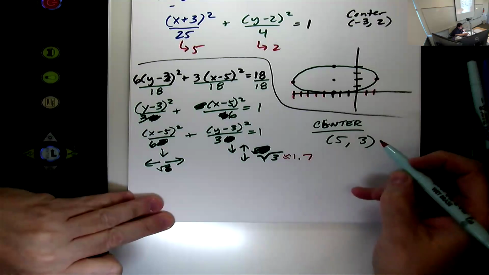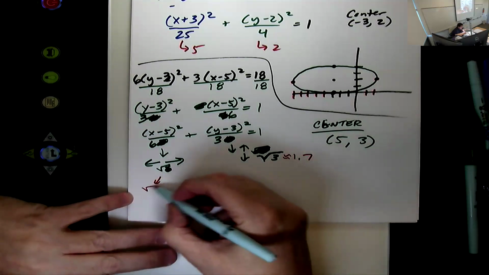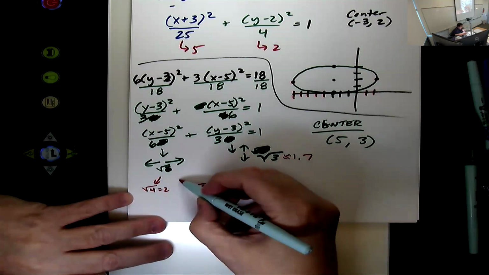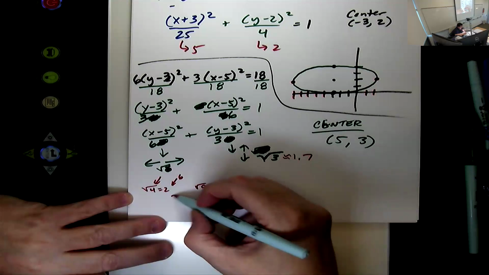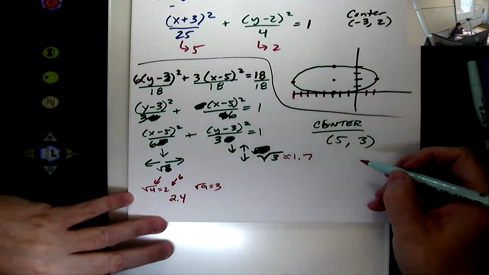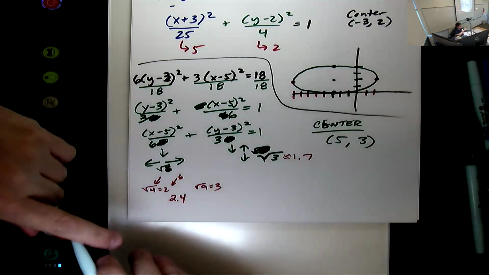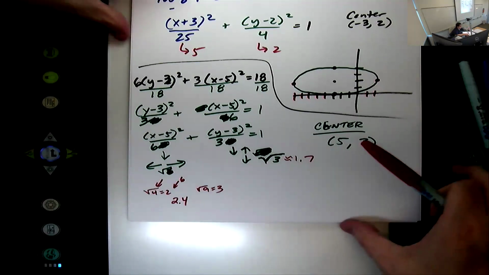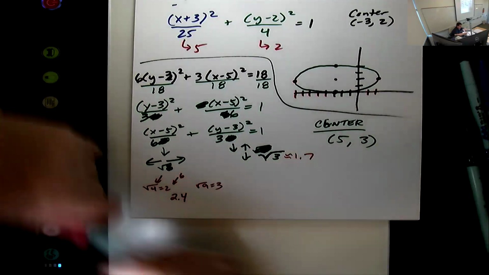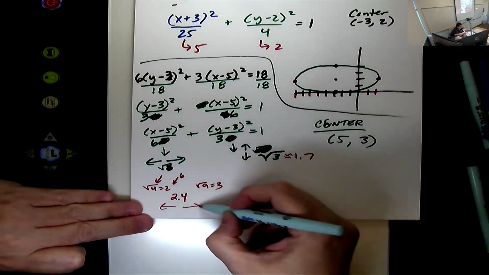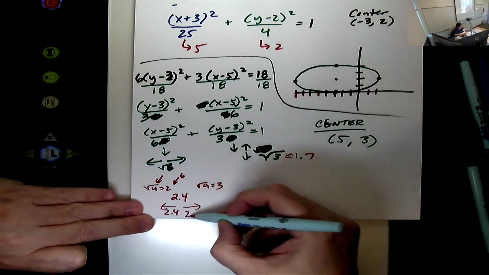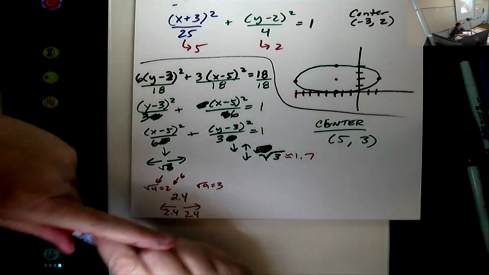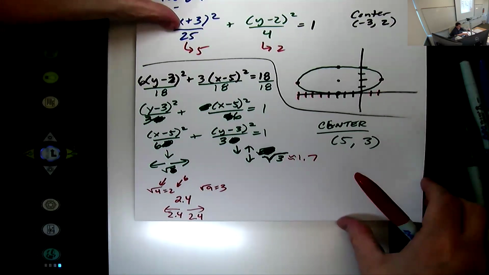I don't know what square root of 6 is, but square root of 4 is 2 and square root of 9 is 3, and 6 is closer to 4, so I'm betting it's 2.4-ish. Yeah, I get pretty close. Close enough to graph, because if I were to go left to right 2.4, are you gonna be able to really tell the difference between 2.4 and 2.3? Not unless you have really good eyes.